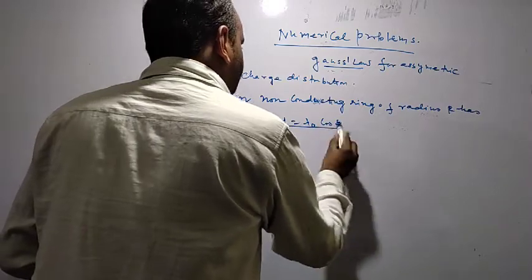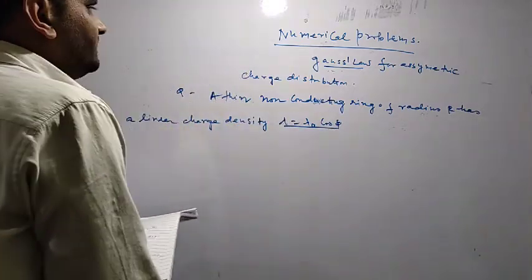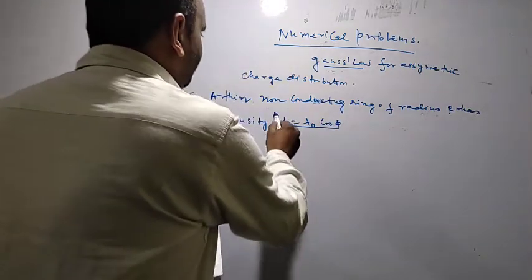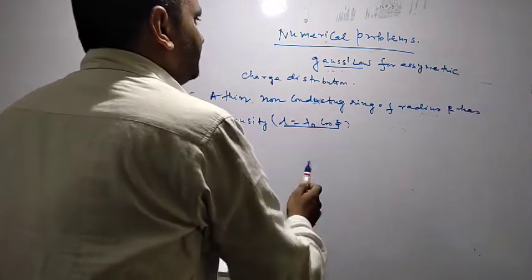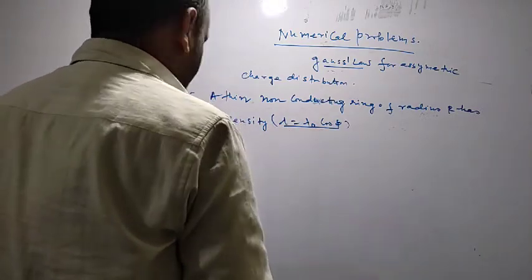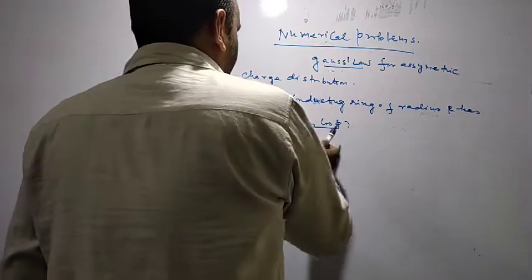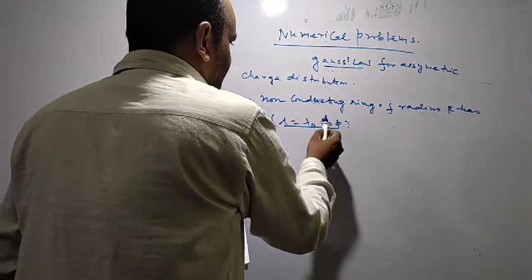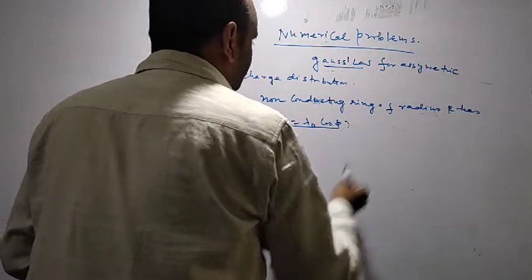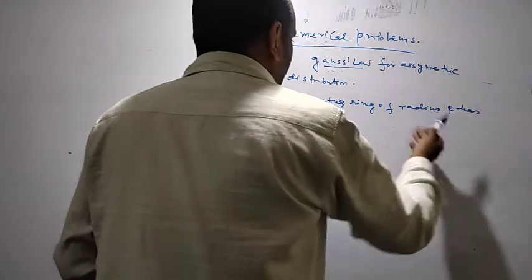You see, this is not a symmetric charge distribution. I am giving this function, which defines that the charge distribution is asymmetric. Look at this cos phi: it is a function varying from -1 to +1.